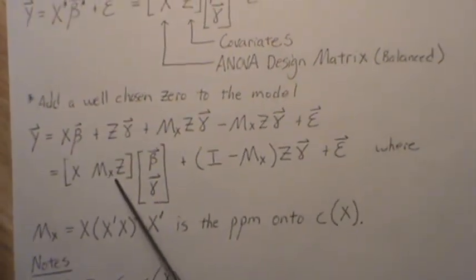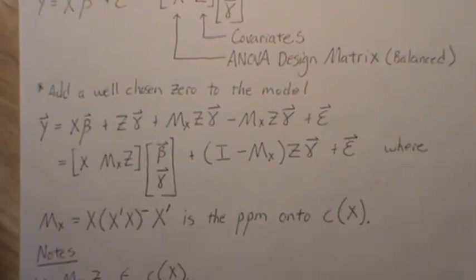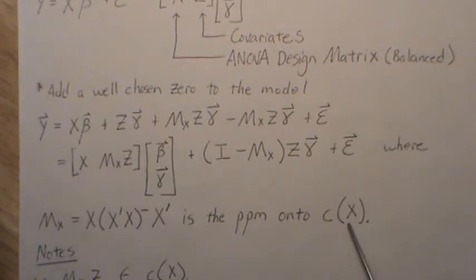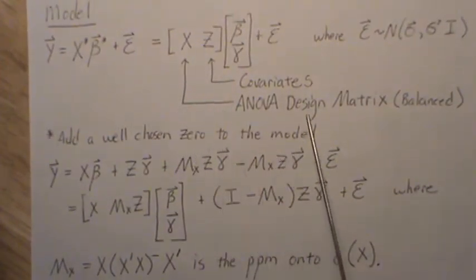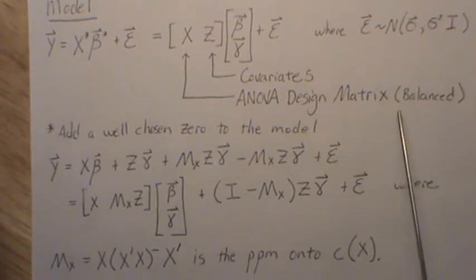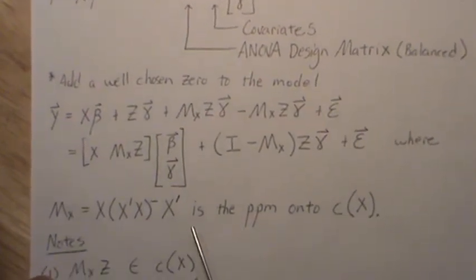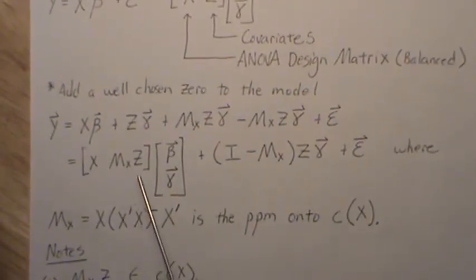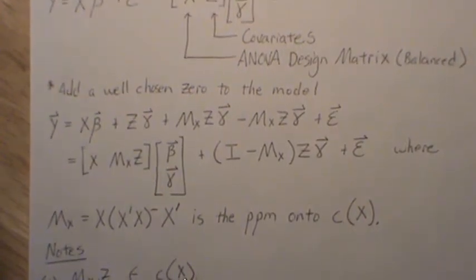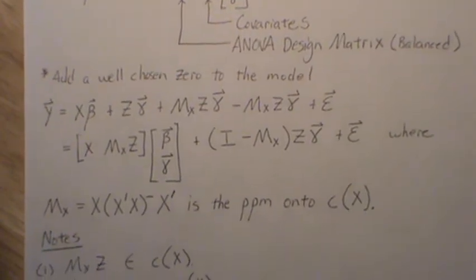Notice that M is the perpendicular projection matrix on the column space of X. So the column space of X deals with the ANOVA design matrix. When you pre-multiply any vector by it, it shoves it down into that column space of X. That's what a perpendicular projection matrix does.